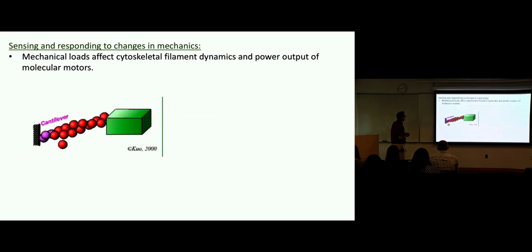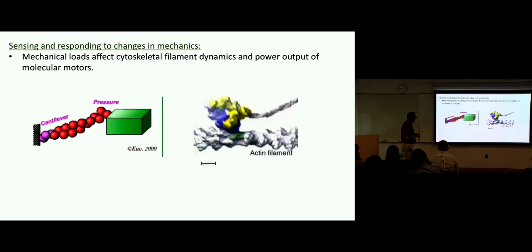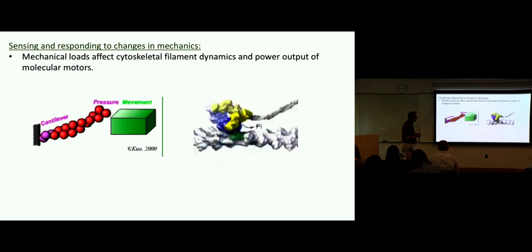Okay. Cytoskeletal proteins also respond to force. So in the case of actin polymerization, that's important for moving something like the periphery of a cell membrane. Mechanical load will affect the ability of this polymer to add subunits and will affect the rate at which force can be generated. Mechanical load also affects molecular motors.